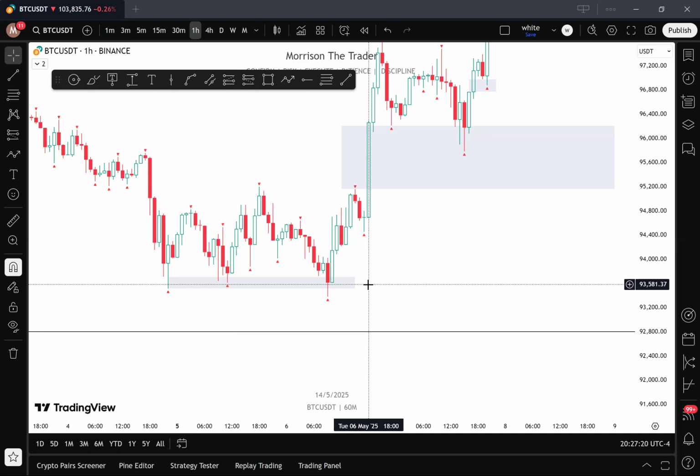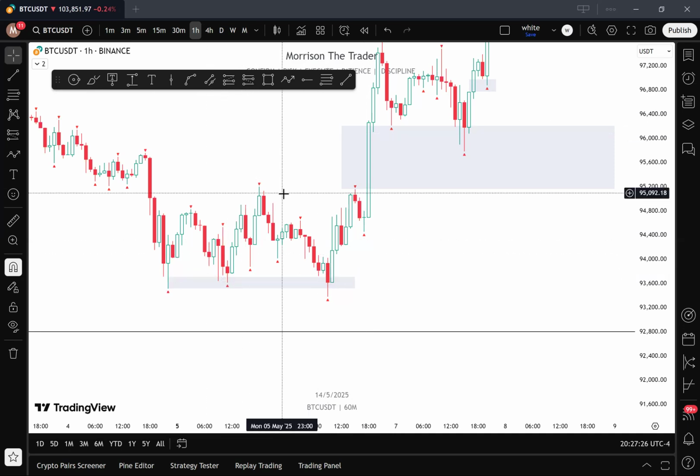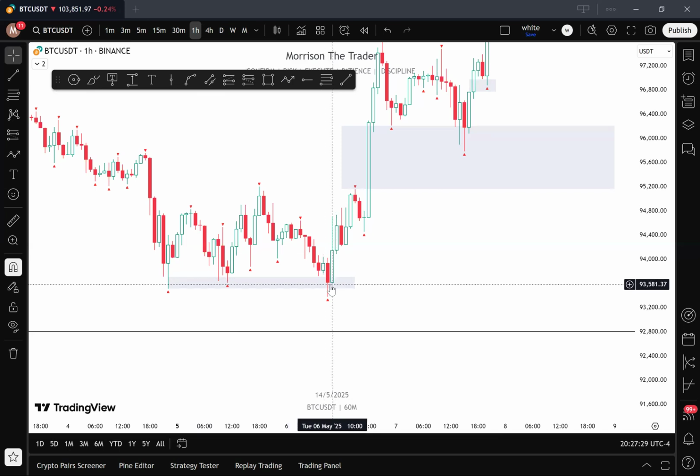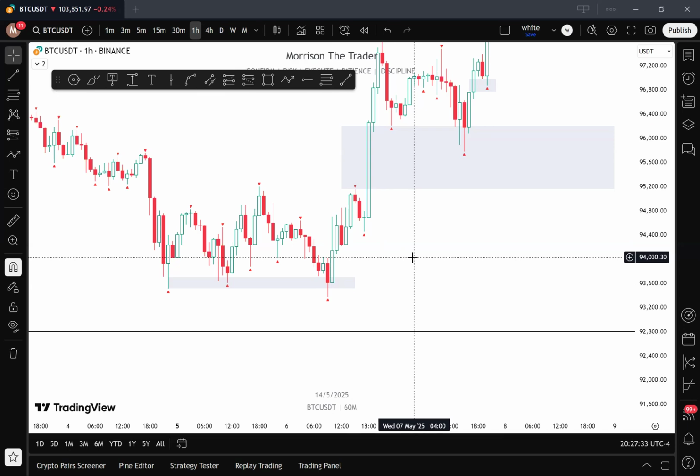Since we all know that price came to here first, tested it and then moved upwards, when price comes back there and doesn't break through, it will move upwards. What do we do?